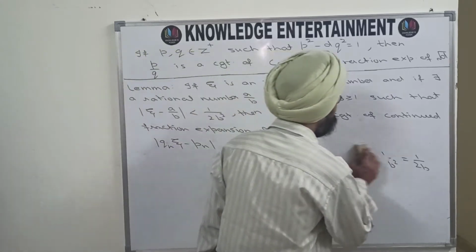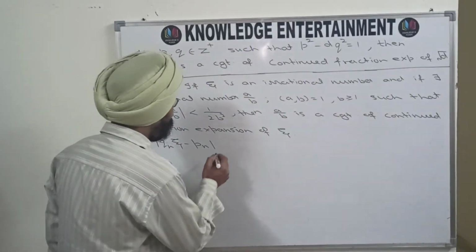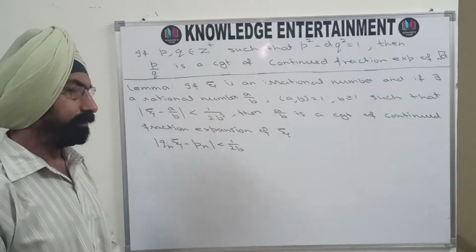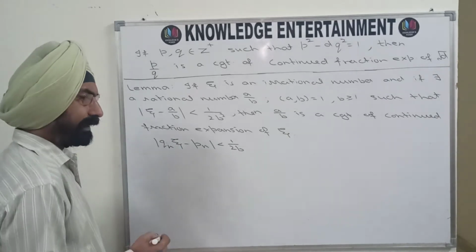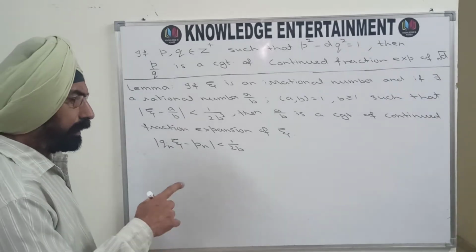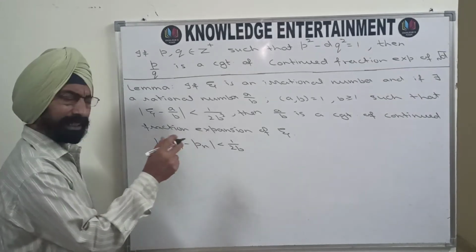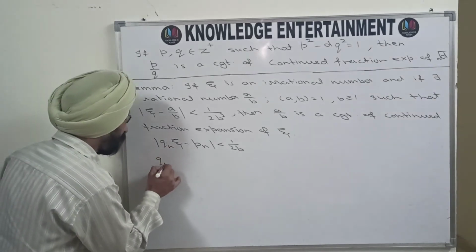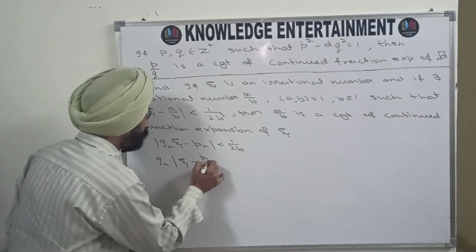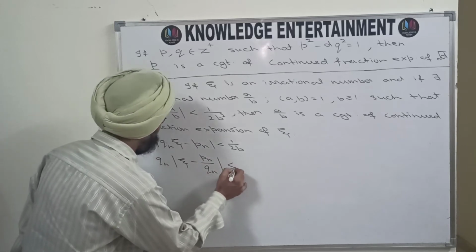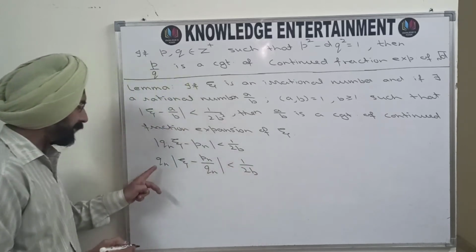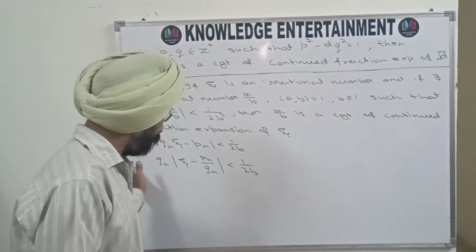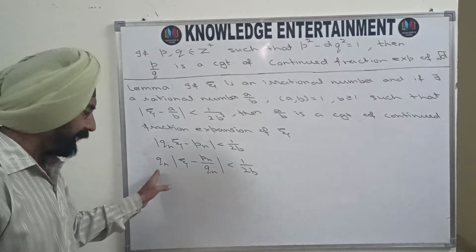So this is strictly less than 1 upon 2b. This is one thing. Another thing, from here, once again, you can take q1 outside. q1 is also a positive number, so it can be taken out. So you can write it as q1 mod |xi minus pn upon q1| is less than 1 upon 2b. And since q1 is a positive integer, its reciprocal will be a positive number, so you can multiply this inequality on both sides by the reciprocal of q1.